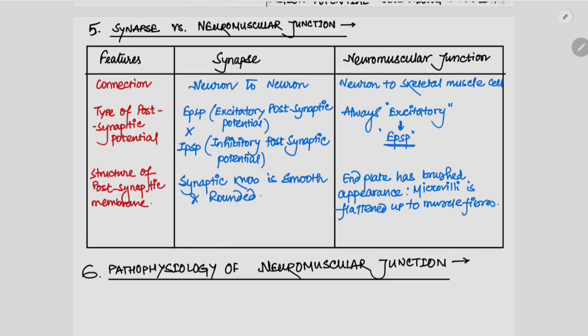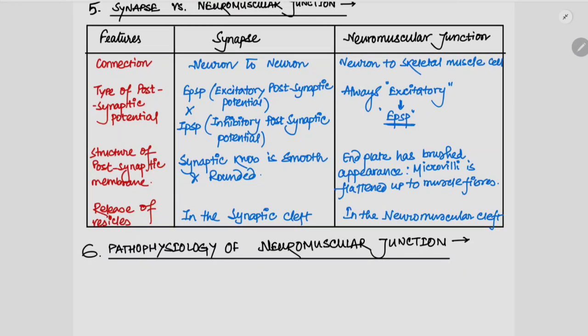So release of vesicles happens in the synaptic cleft and in the neuromuscular cleft. That was the difference between synapse and neuromuscular junction.